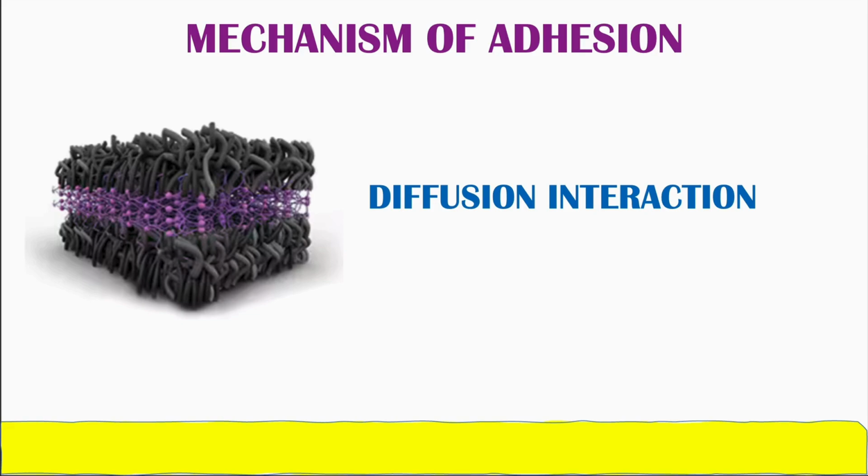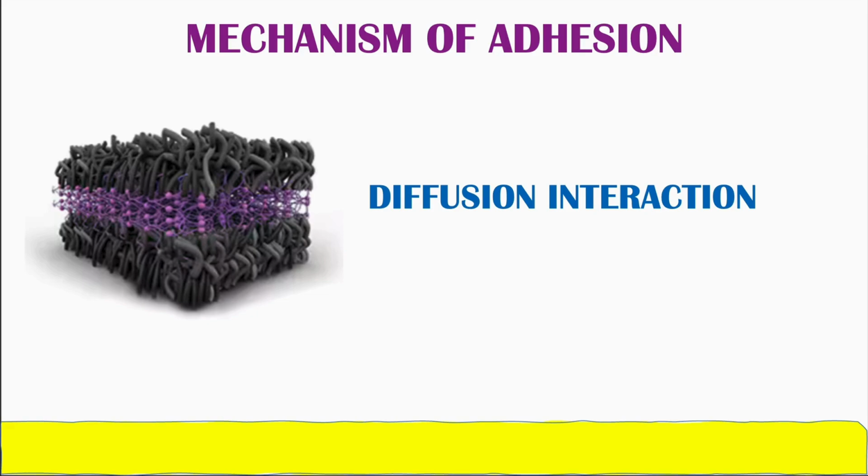However, you can achieve the mobility if the material is kept at sufficiently high temperatures so that it can form a melt or dissolve in a solvent solution. Now, since it is very uncommon for the adherent and the adhesive to be soluble in one another so that diffusion and entanglement can take place, this theory can be applied only in limited cases.